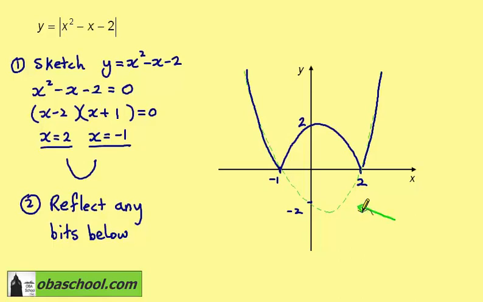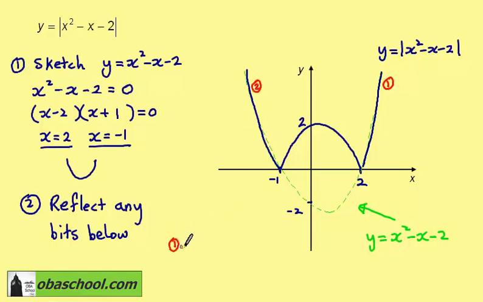Of course, we should label the green curve was y equals x squared minus x minus 2. If we look at our modulus function, modulus x squared minus x minus 2, then it's being constructed from 3 portions.